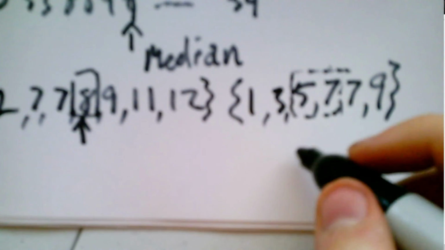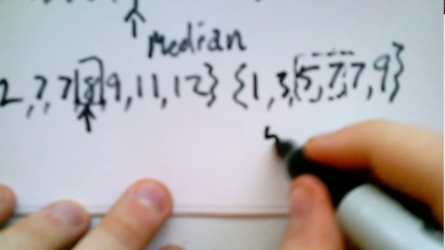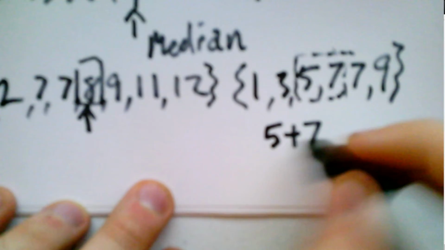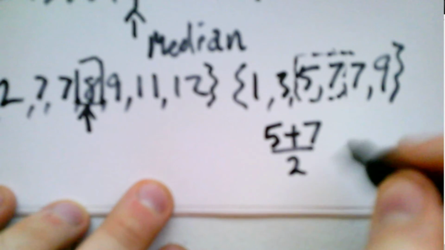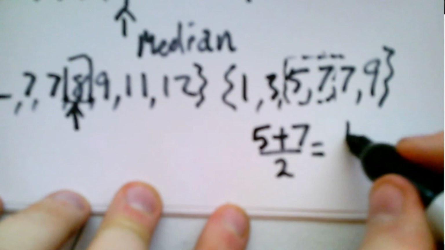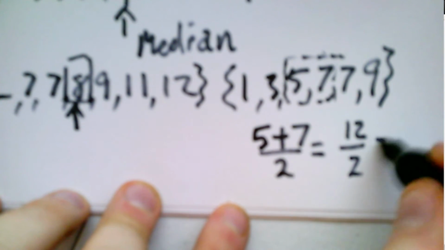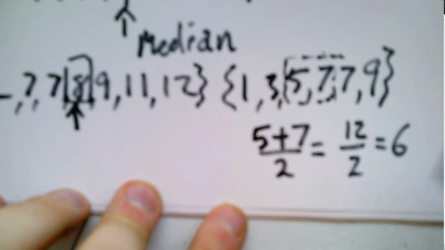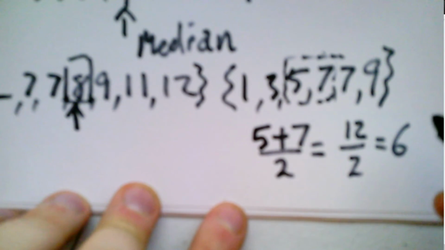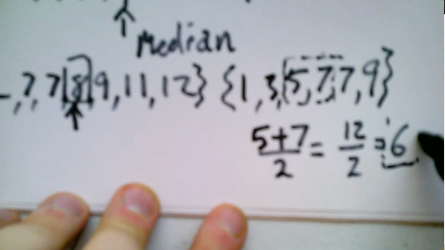The average is computed as the sum of our values divided by the number of them. That would equal 12 over 2, or 6. So this is our median for this set of values.